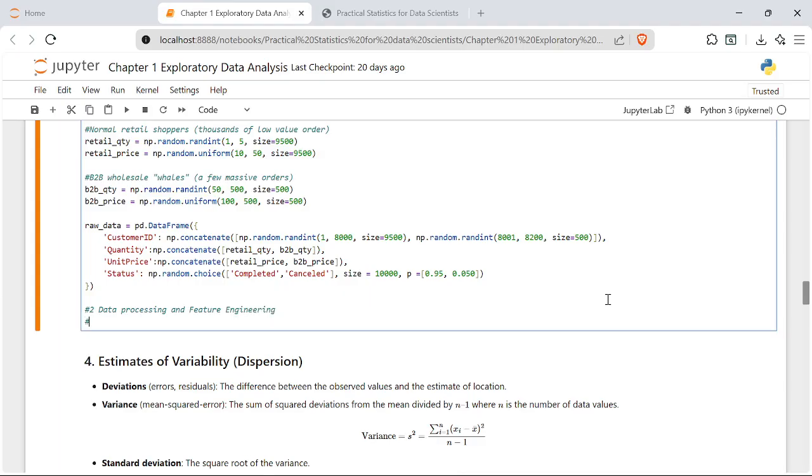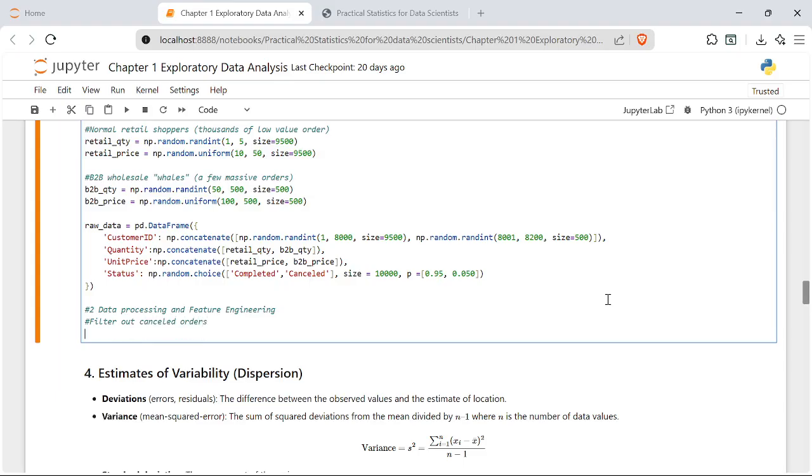First we filter out the cancelled orders. valid_orders equals raw_data where status equals completed, dot copy.